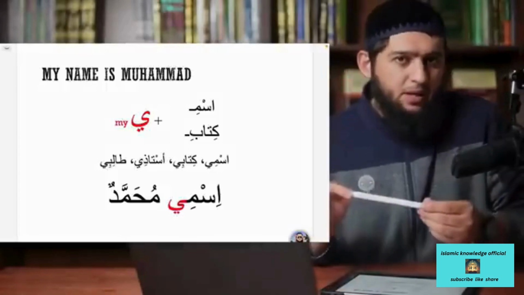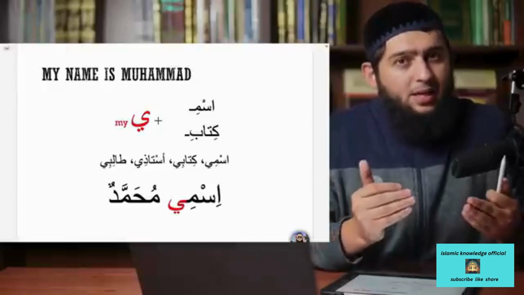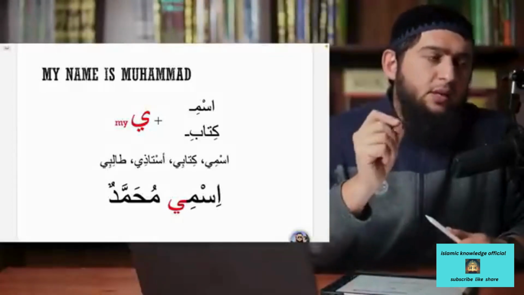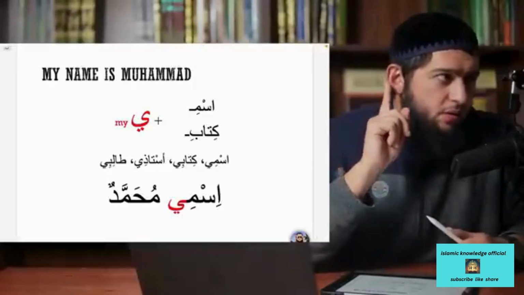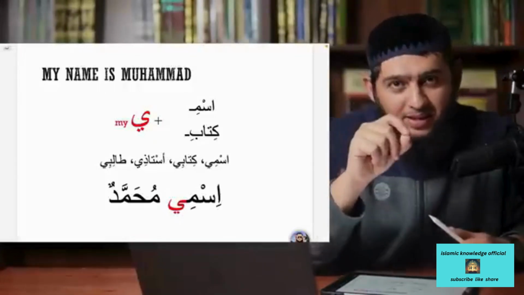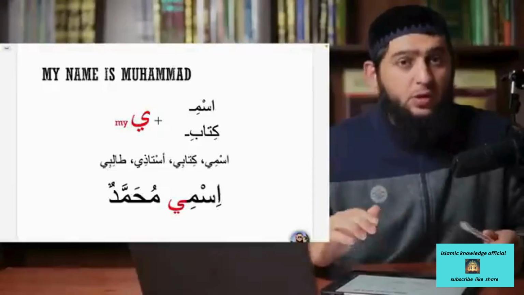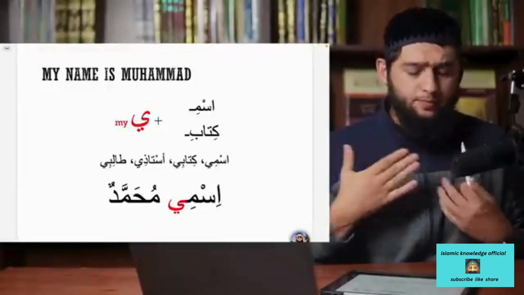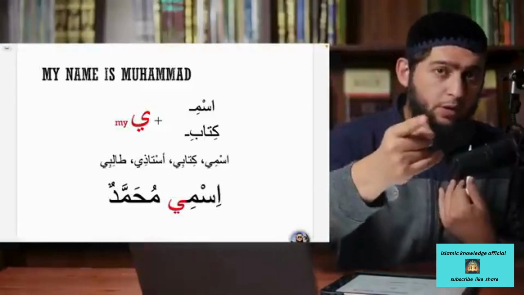Ustaz, teacher, my teacher, ustadhi. Okay, say my student. Student is talib. Yes, talibi. I think you said it correct. So my name, ismi. For example, ismi khasu. Masmuka.